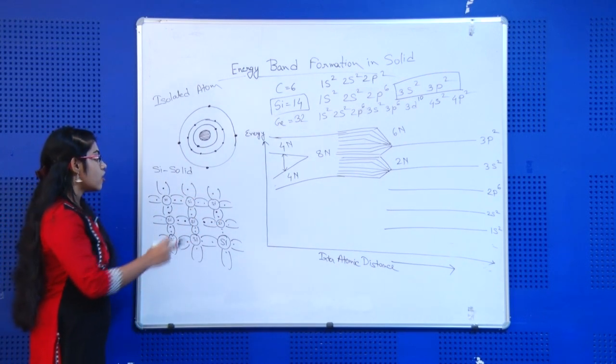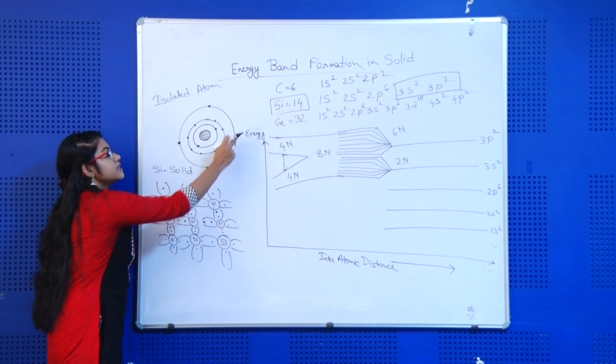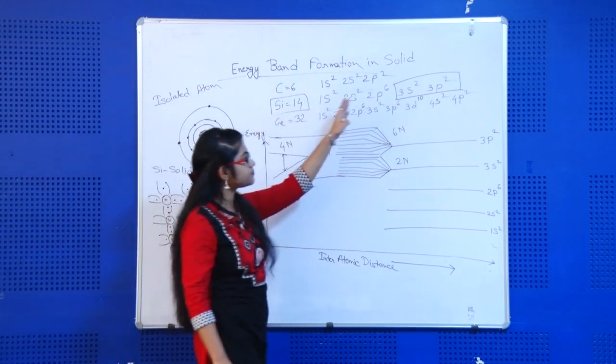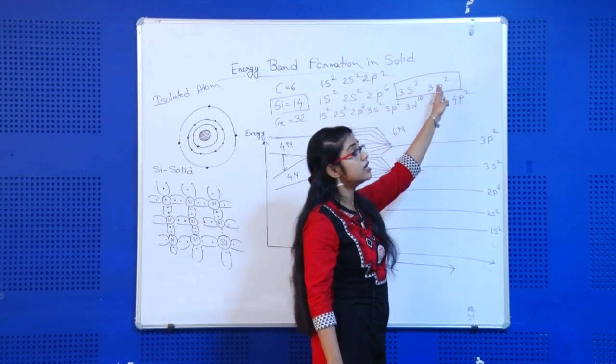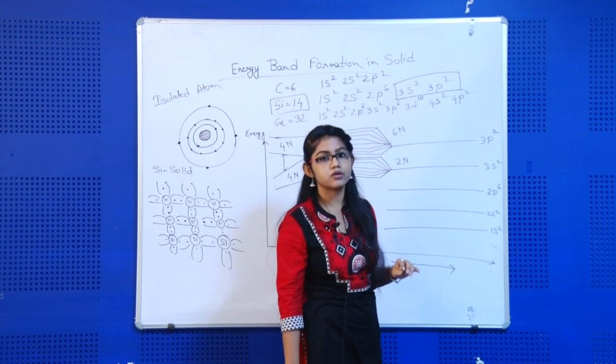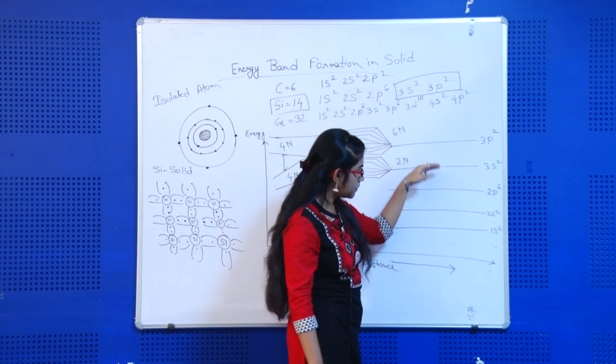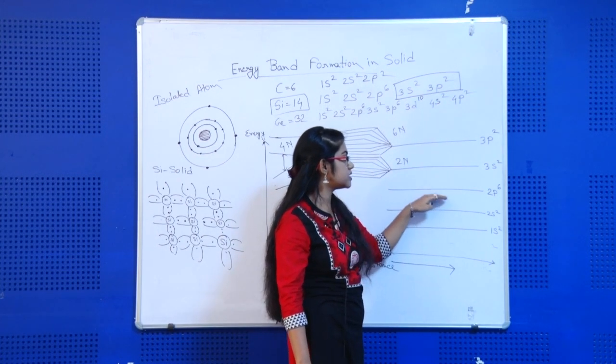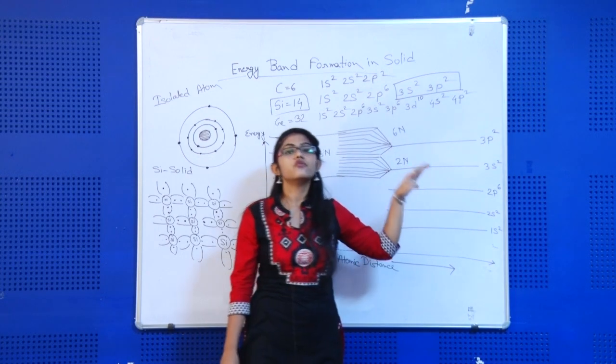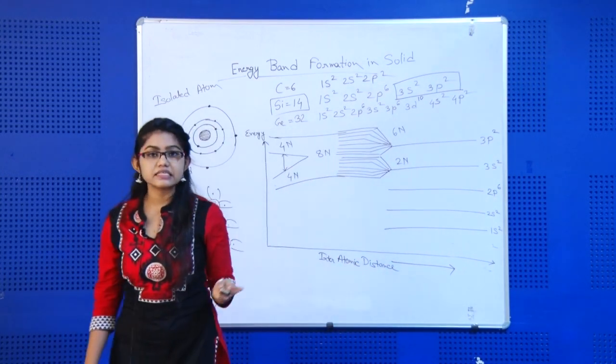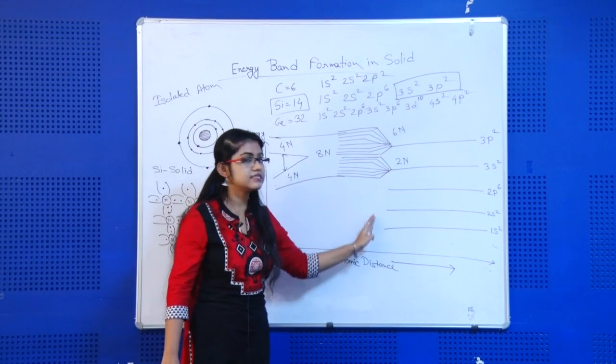So the energy of these electrons will only change. For silicon the last orbit is 3s2 and 3p2. So the remaining 1s2, 2s2 and 2p6 will be constant; there will be no change in these energy levels.